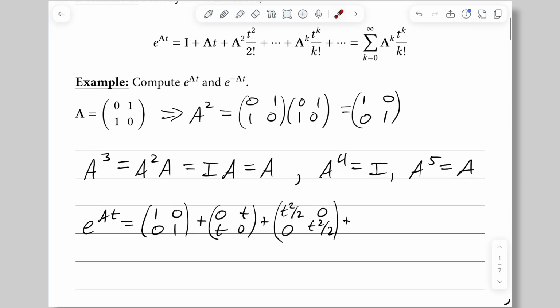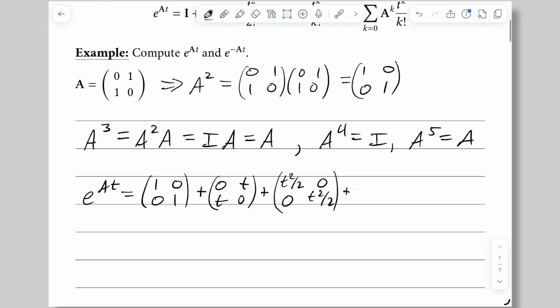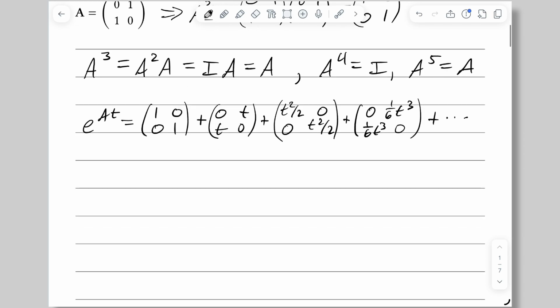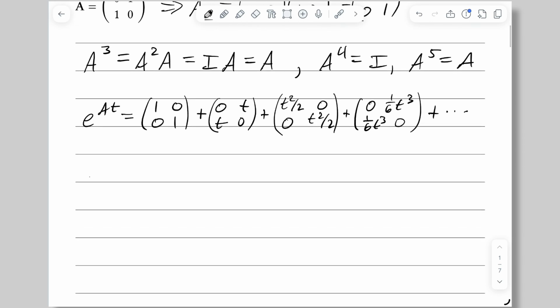A cubed times t cubed over 3 factorial is going to give us 0, 1/6 t cubed, 1/6 t cubed, 0. And this goes on infinitely far. It's an infinite series. I'll cut it off there and combine all these matrices into one big matrix.